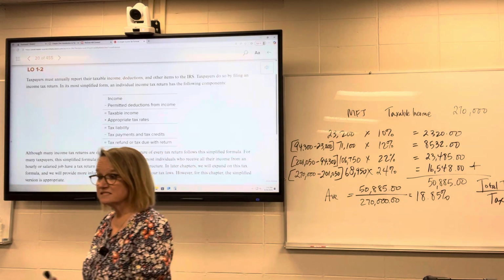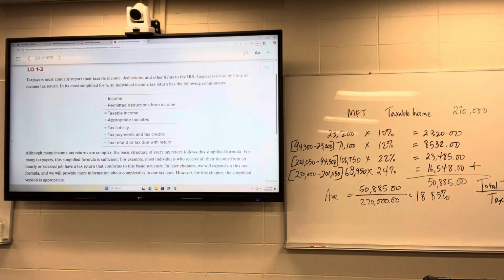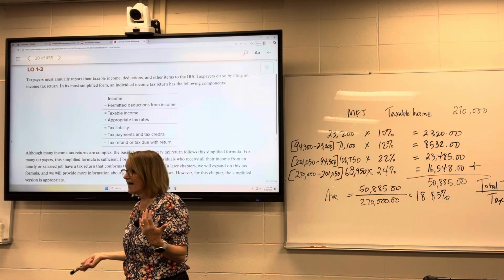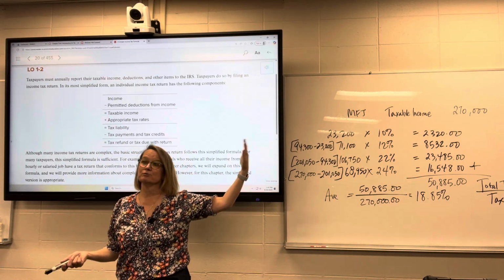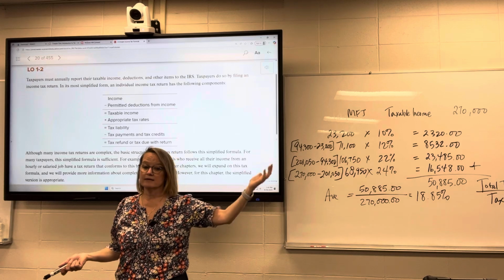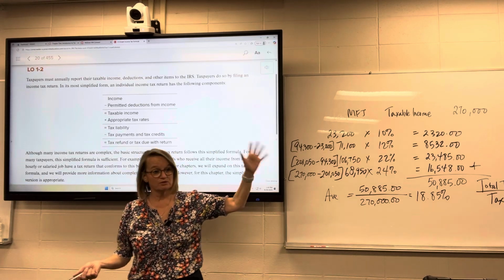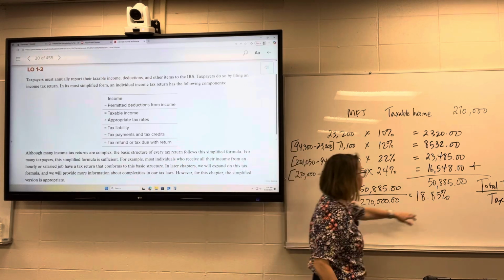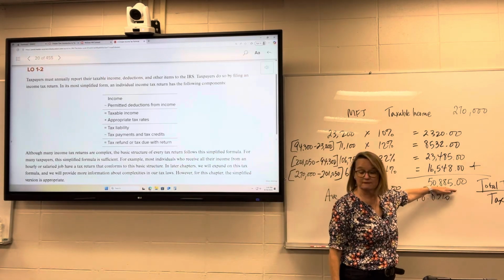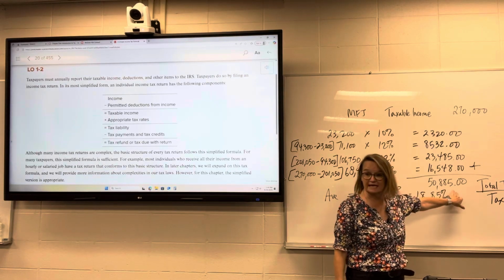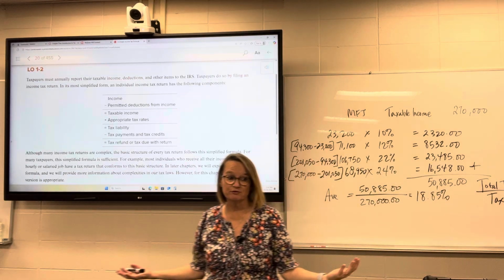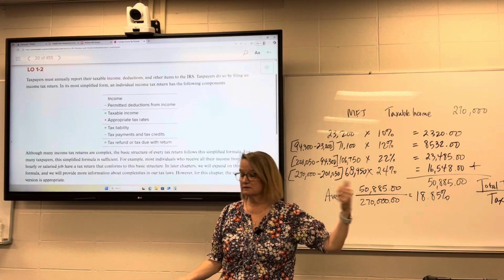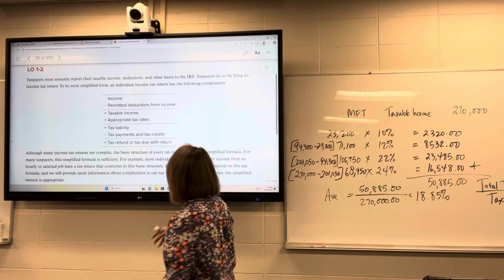So if they made some estimated payments throughout the year, so they actually directly paid the IRS some amounts, or if they had amounts from the previous year, maybe they had a refund from the last year that they told the IRS to just keep, so that would be an amount that was already prepaid. So we're going to subtract any amounts that have already been paid from this $50,885, and it could, like I said, come in different forms: withholding or estimated payments or refunds that they kept last year.